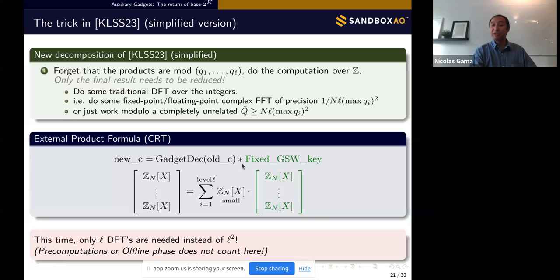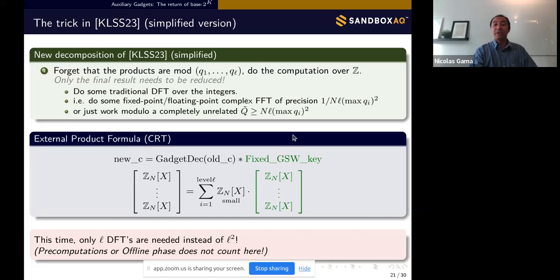Now it's a completely different picture, because since there is no mod Q1, mod Q2, mod QL, I just have a small integer polynomial to multiply. I can do some classical DFT over the integers and the precision is not that big. The largest coefficient that can appear in all this product is probably Q squared times L times N.